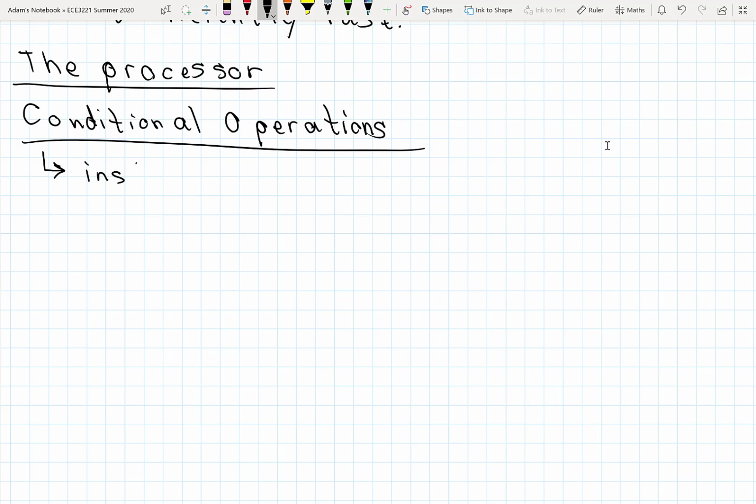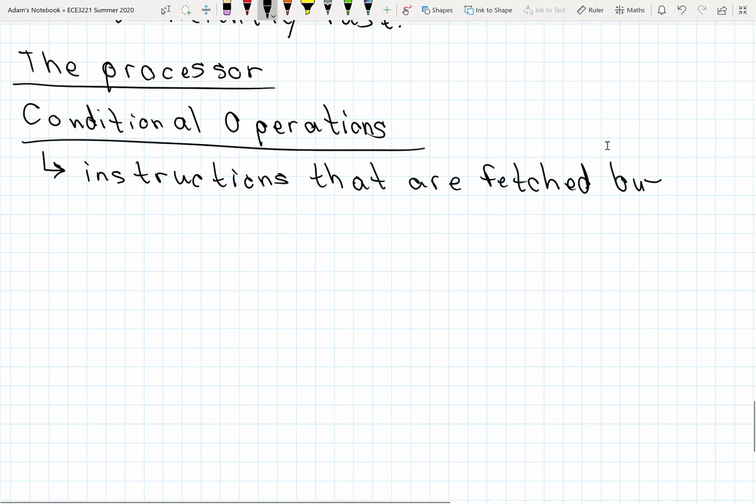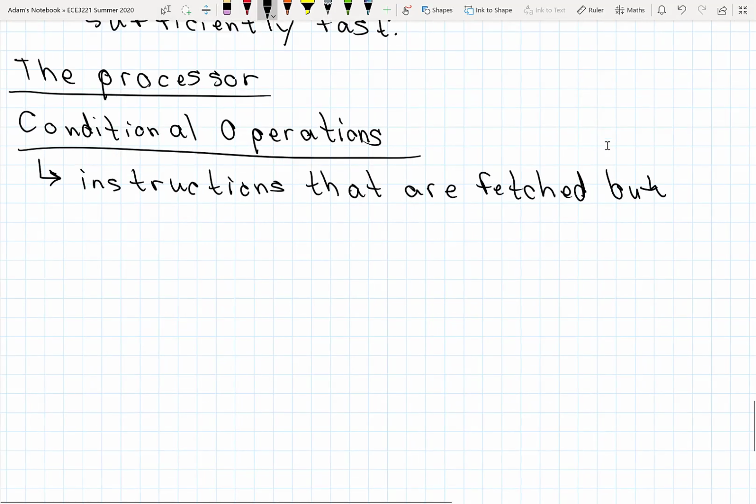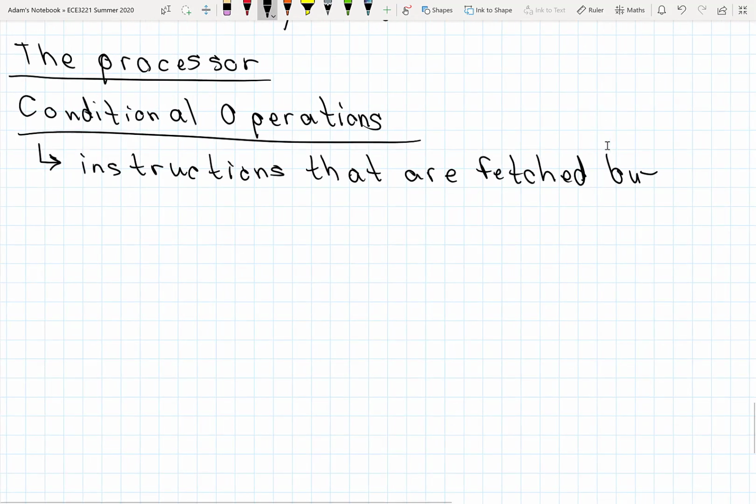Okay, so conditional operations are instructions that are fetched but not necessarily executed.